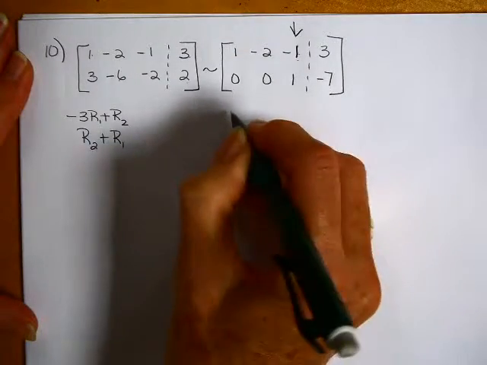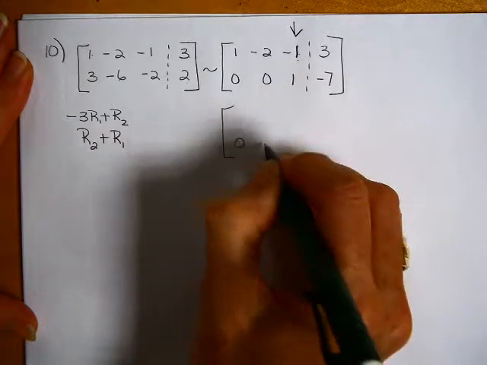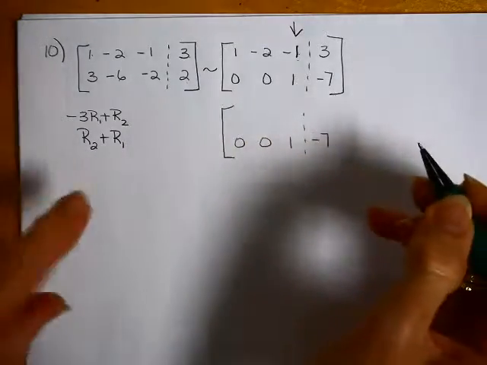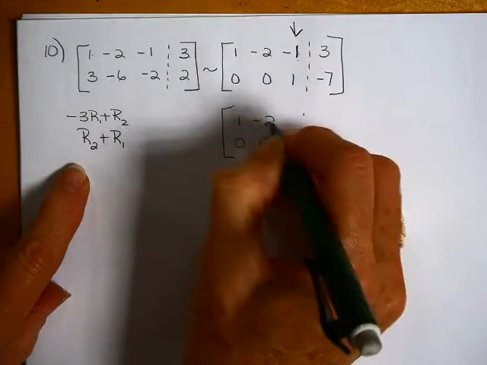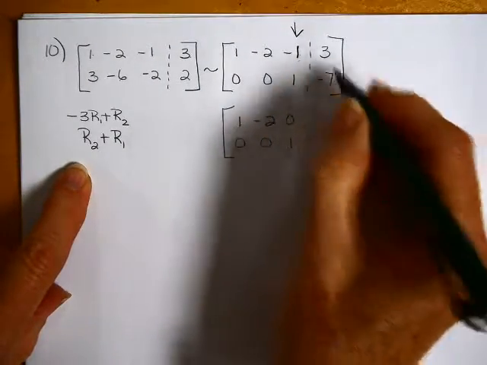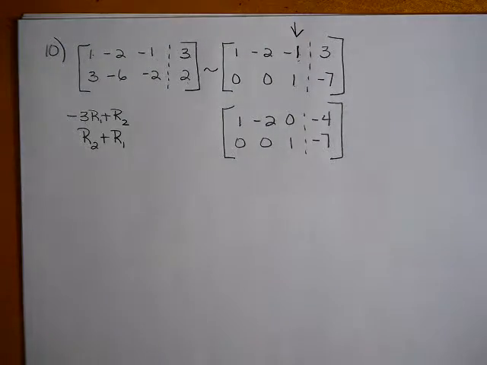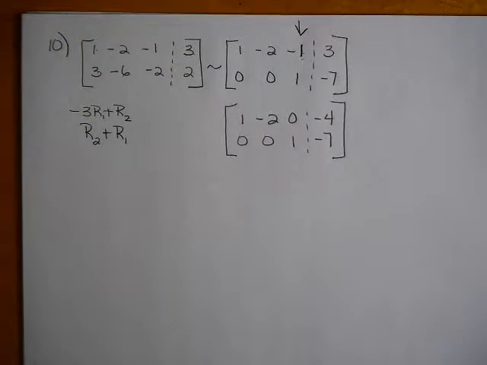This is the forward phase. Now go backwards. So 0, 0, 1, -7. If I add that, I get a 0. If I add that, I get a -4. All right, it's now in reduced echelon form. Everybody good with that?